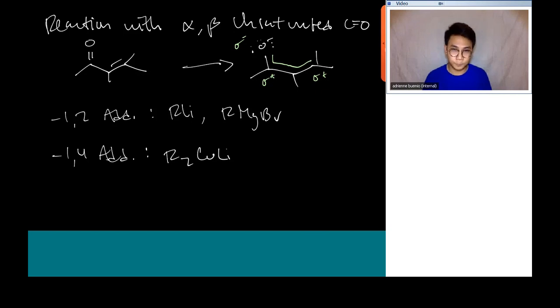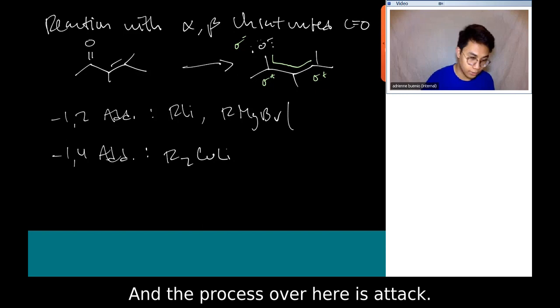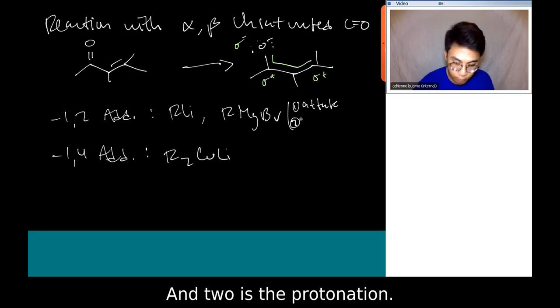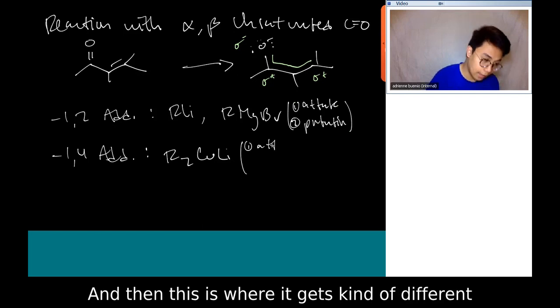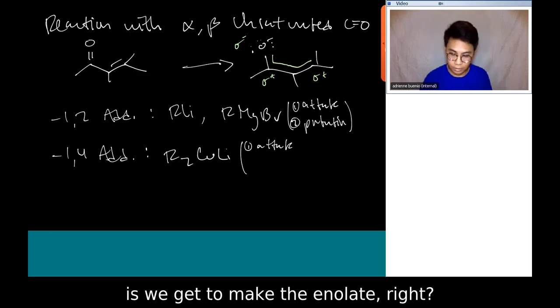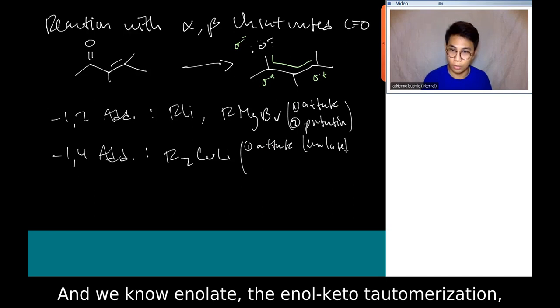And the process over here is 1 is attack, and 2 is the protonation. And for this one, attack, and then this is where it gets kind of different, because it makes the enolate, right? We know the enol-keto tautomerization, right?